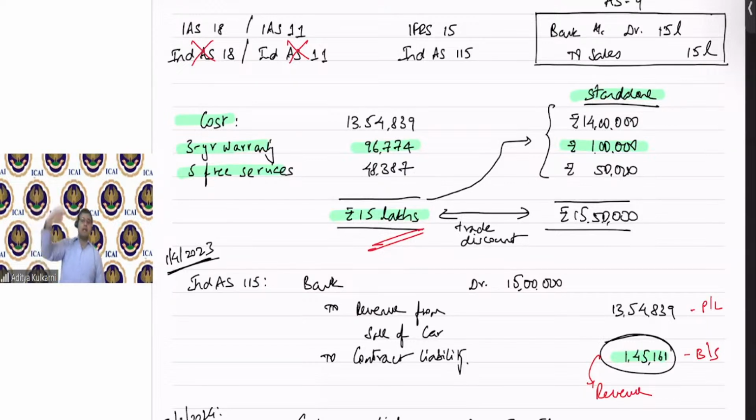So take those prices, market assessment, that will be the fair value of the standalone obligations, and then you allocate your transaction price in the ratio of those prices that are quoted by your competitors. Okay, so this is known as the market assessment approach.